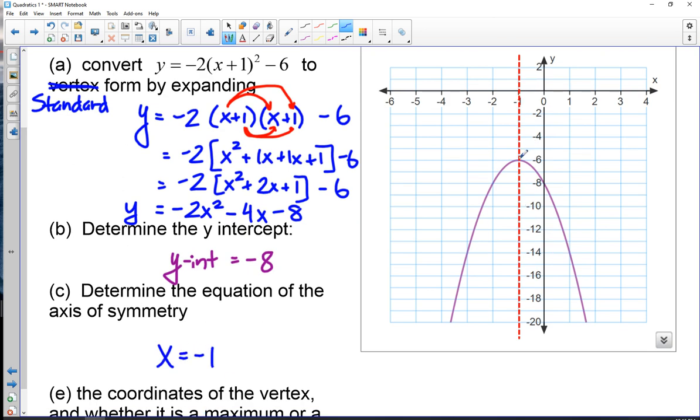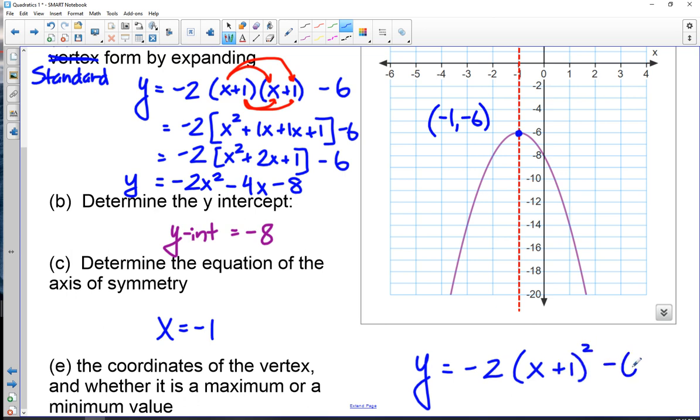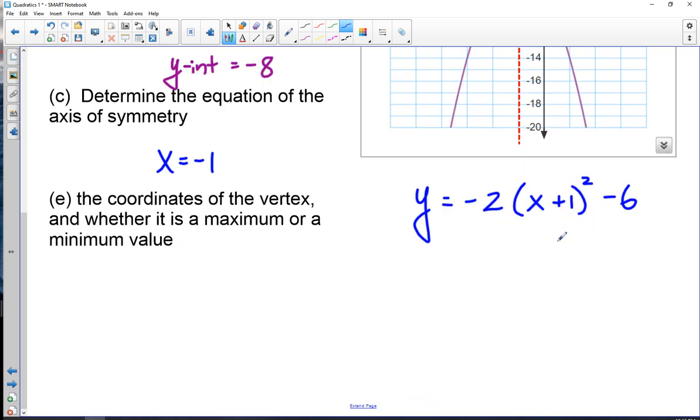Now we can see that the vertex from the graph here is the point -1 and -6. And notice our equation was written in vertex form, which was -2 times x plus 1 squared minus 6. So what you need to see here is that vertex form will give us the coordinates of the vertex.